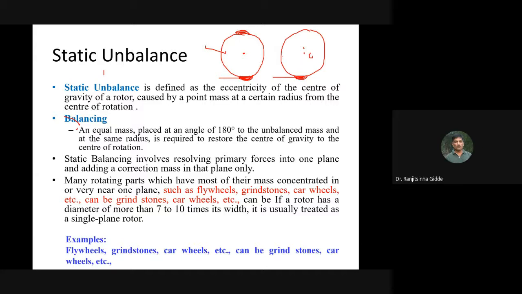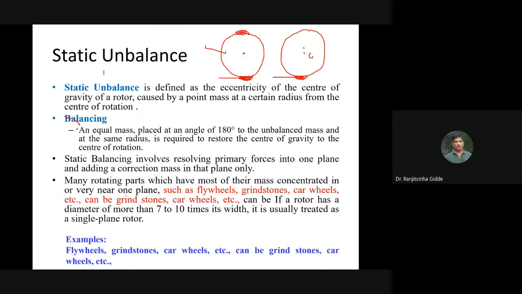You might have seen that there are many rotating components such as flywheels, grindstones, car wheels, etc. If such wheels have unbalance, that will create vibration and noise.